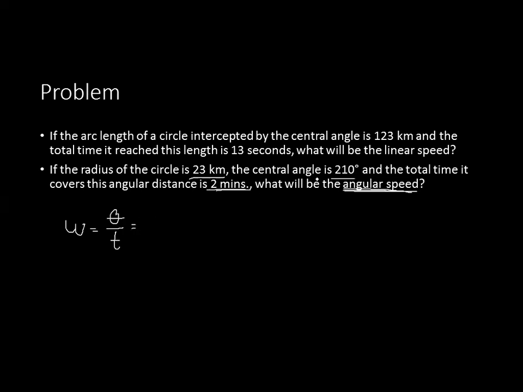So before we substitute, what's one thing that we need to consider? We have theta, so that means it's an angle, obviously. But I told you to make sure that the angle is in radians. This is not in radians, so you must convert it into radians. How do you convert a degree to radian?